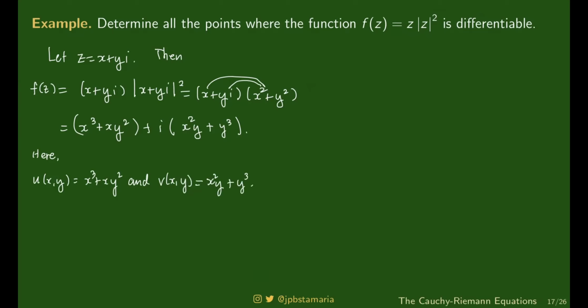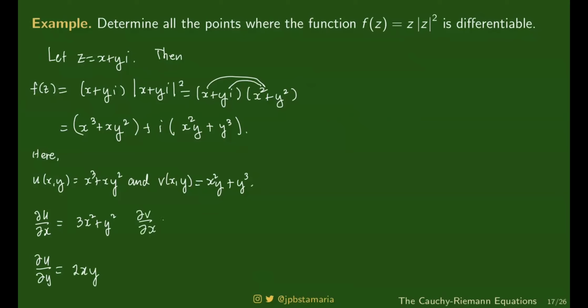Now, what I'm going to do is I'm going to take the partial derivatives. Ano yung ux natin? Ux is 3x squared plus y squared. Did I get it correctly? Uy. What is uy? Uy is 2xy. Tama ba si sir? 2xy? Vx.